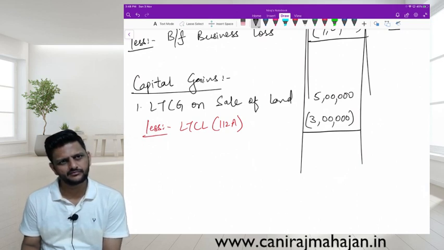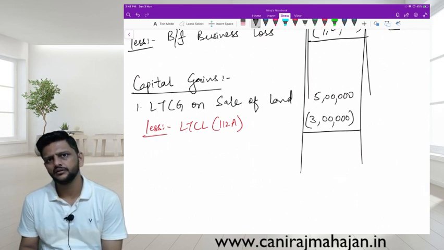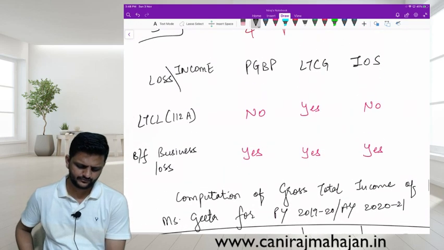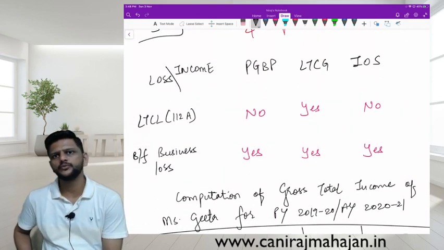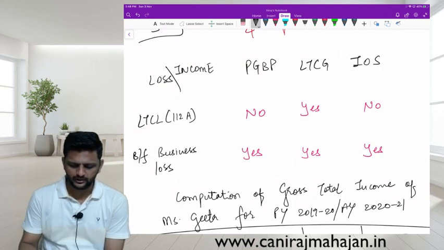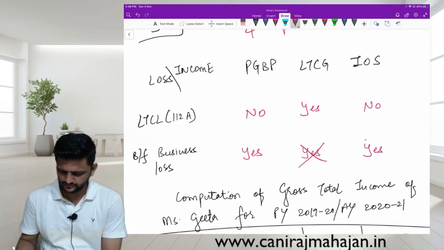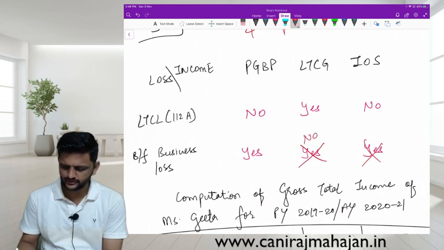Oh, no, no. Brought forward business loss can be set off only against business income.